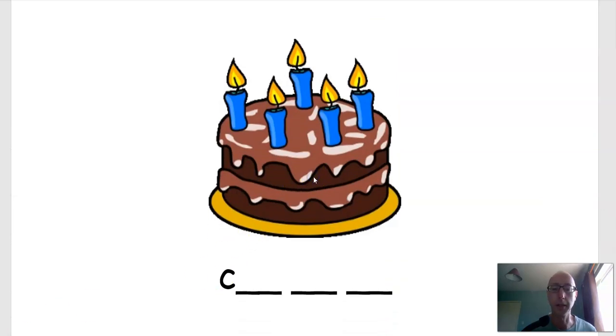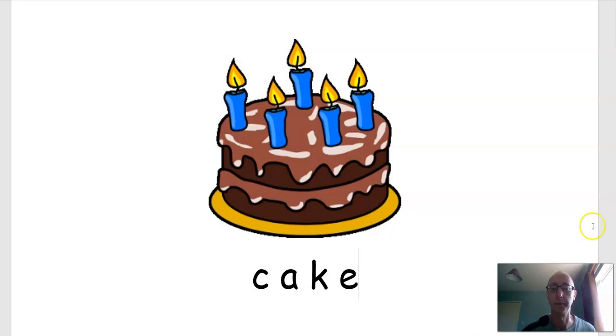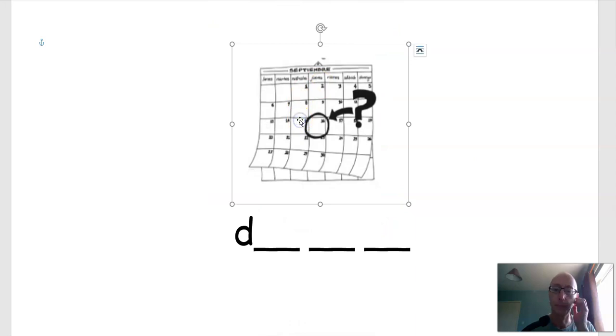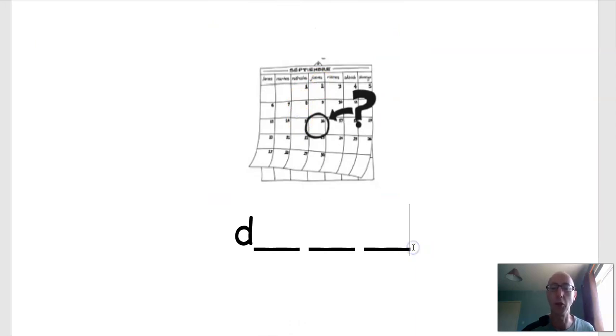What is this in English? This is a cake. So how do we spell this? It's like bake, bake a cake. So it's C-A, next letter, K, and the last letter is always E. It's good. This one, the 14th of September, the 16th of August, the 12th of July.